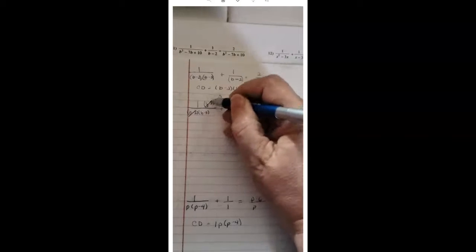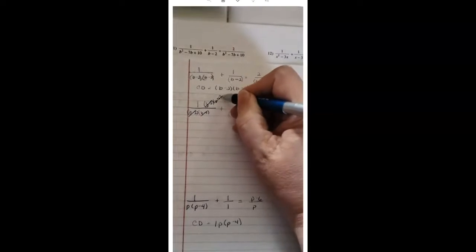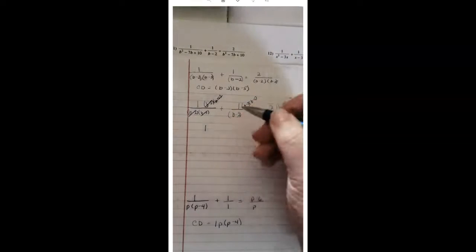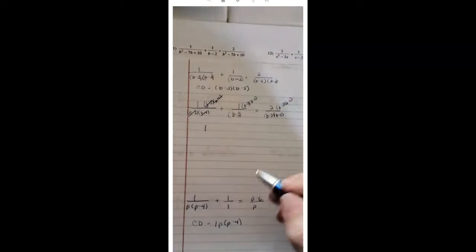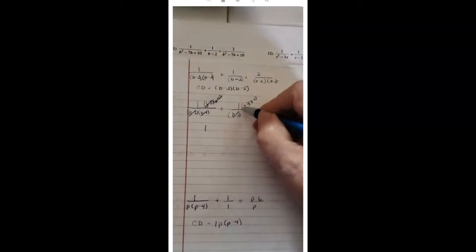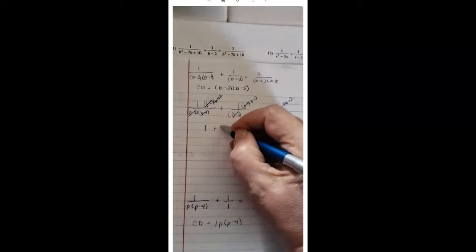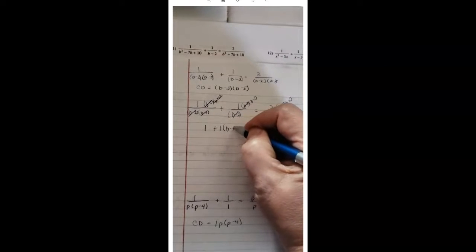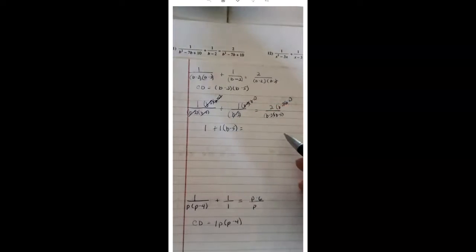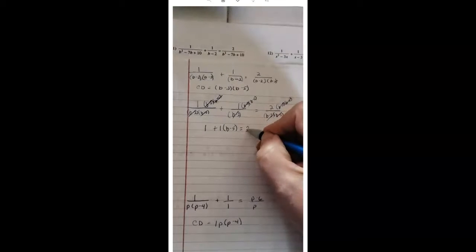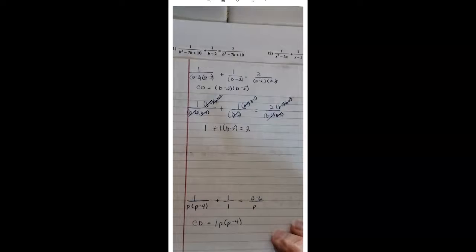So the b minus 2's are the same. I can get rid of those. The b minus 5's are the same. And so on this whole problem, I'm left with 1. Here, the b minus 2's go away, but I still have a b minus 5 in the problem. And here the b minus 2's and the b minus 5's go away, and I'm left with just 2.